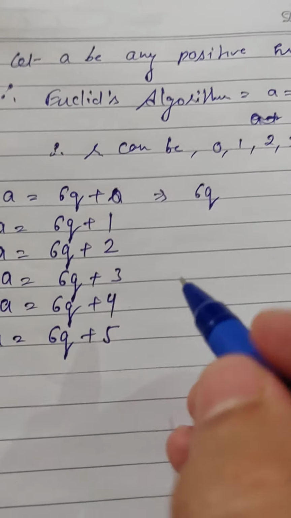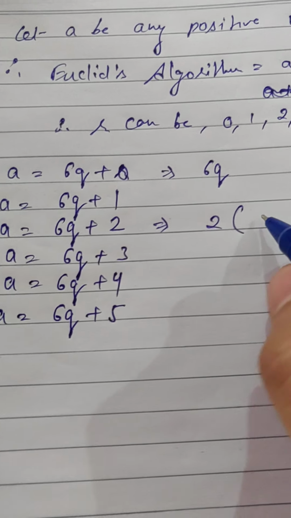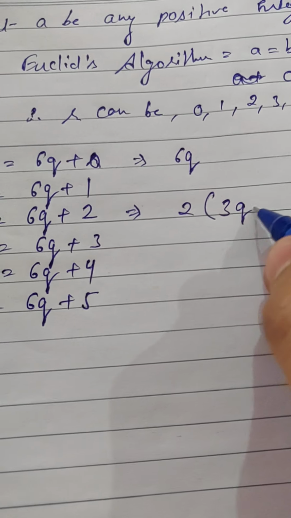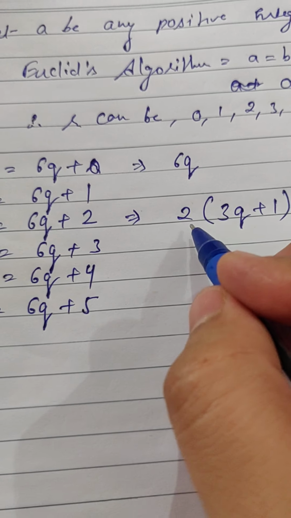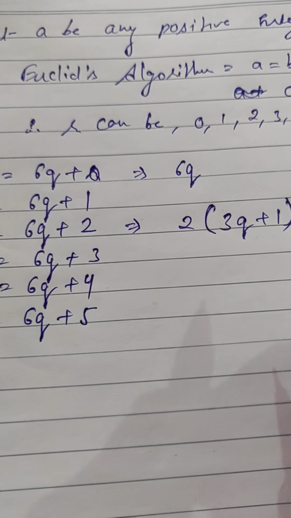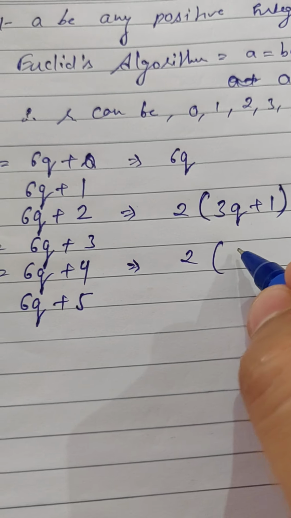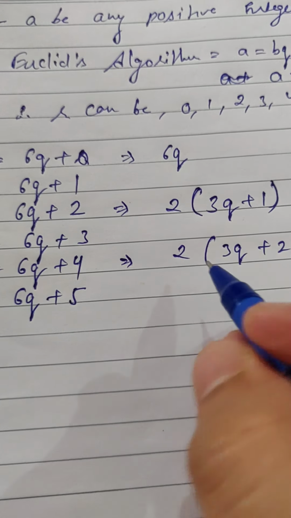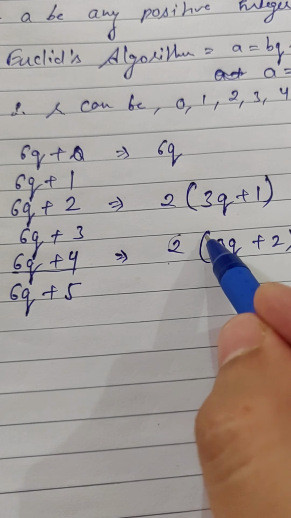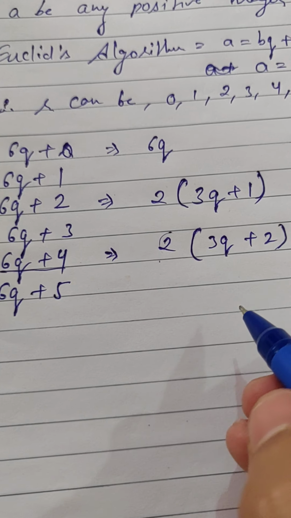Let's check. Can we take 2 as common over here? So this will be 3q + 1. That means there is no remainder at all. This entire thing is a coefficient. In this case also you have taken 2 common, 3q + 2. So this entire number, if it is divided by 2, will leave this as the quotient with no remainder at all.